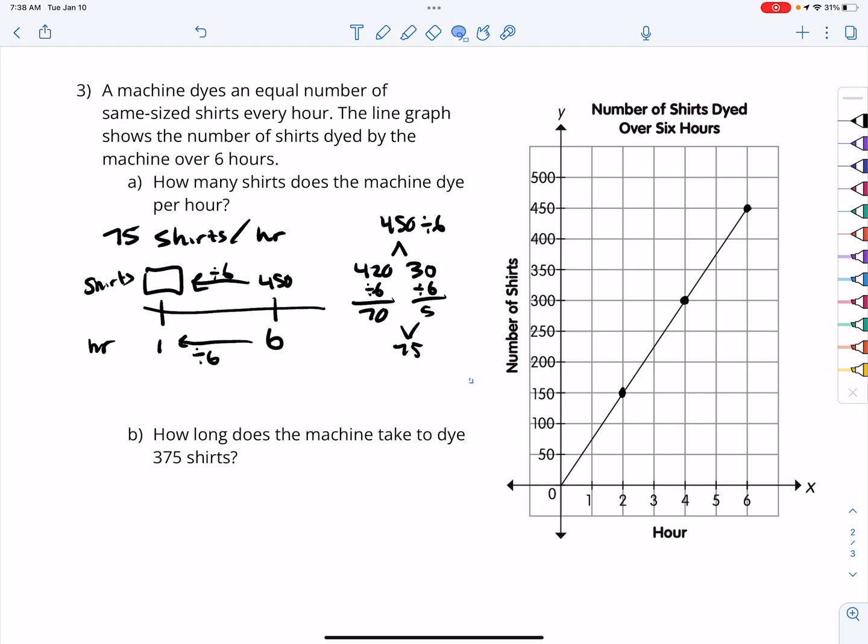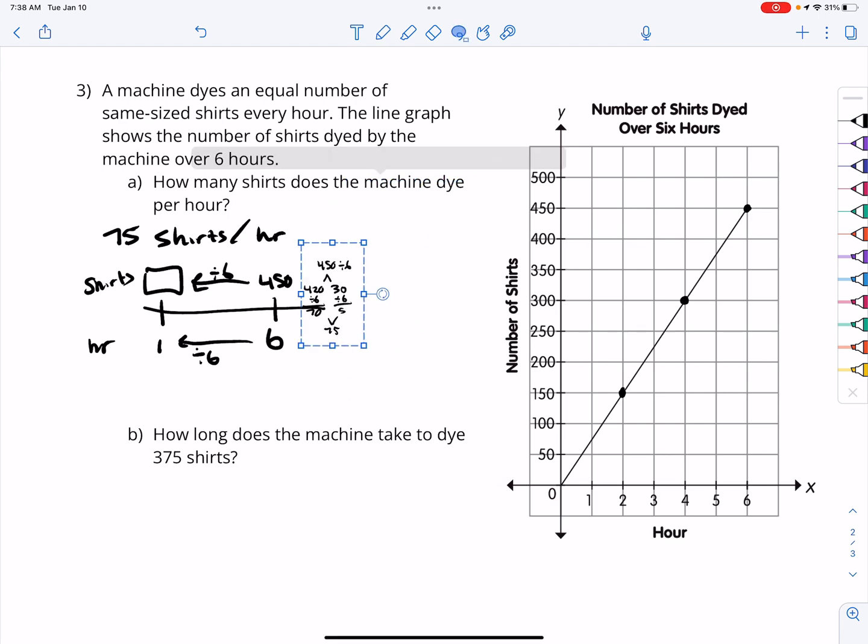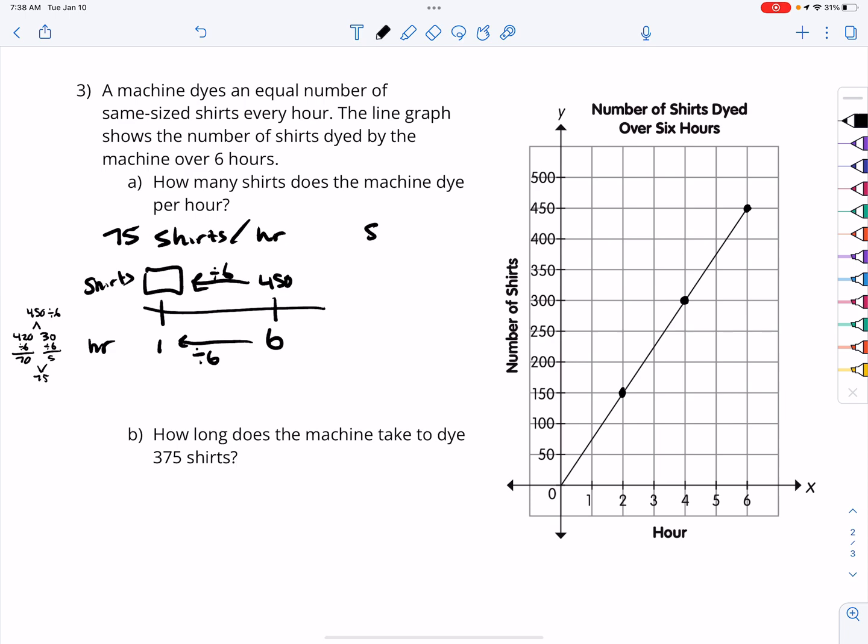Just to be sure, I am going to make a quick table to check my calculation. Shirts per hour. Let's start with what we know here. For 2 hours, if we go up and then over, it is 150 shirts, or 300 shirts in 4 hours.